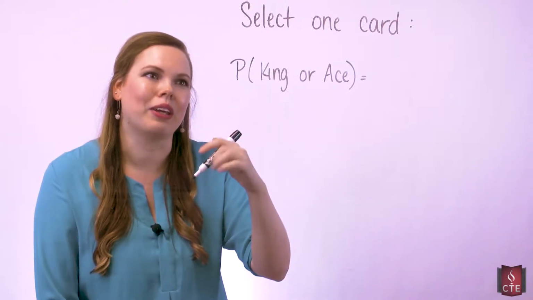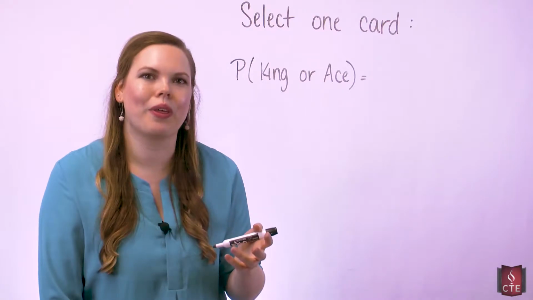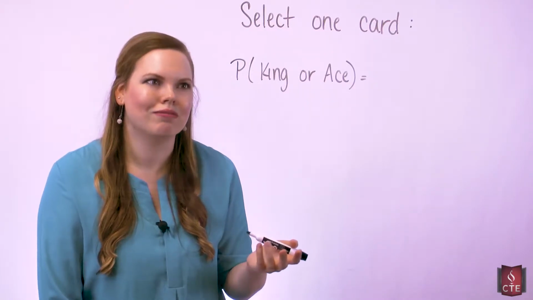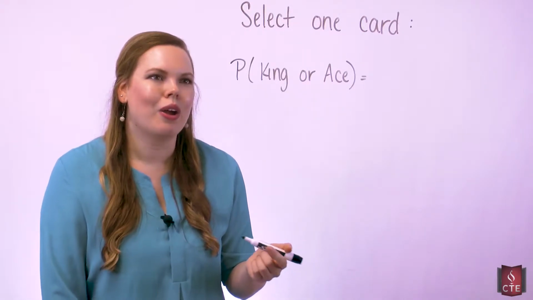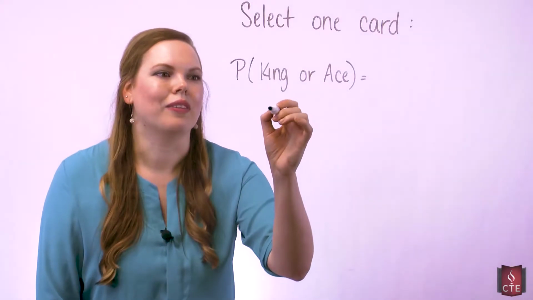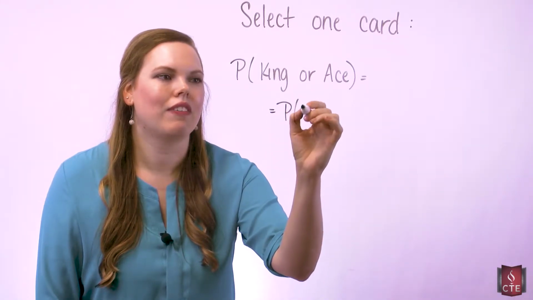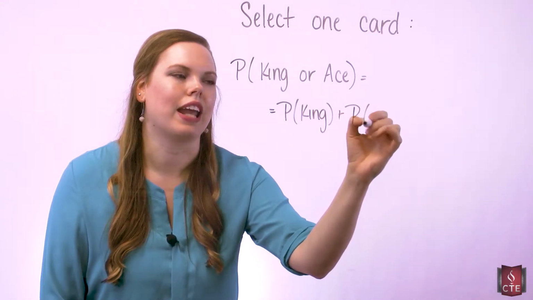Is there an overlap here? A king and an ace, can we select 1 card that is both of those things at once? No, we can't. So since there's not an overlap here, we can save ourselves a little time and not have to subtract it off. We can simply take the probability of a king and add the probability of an ace.